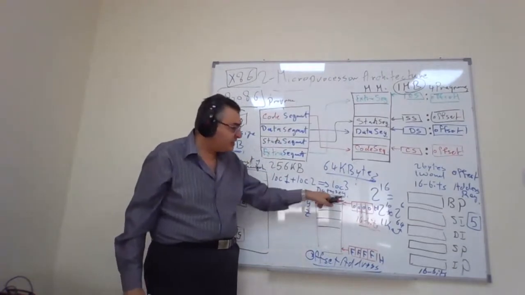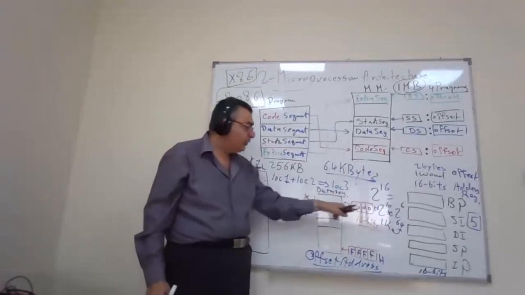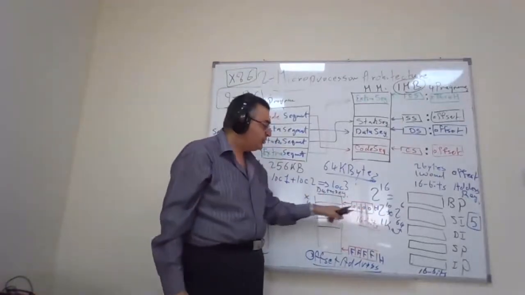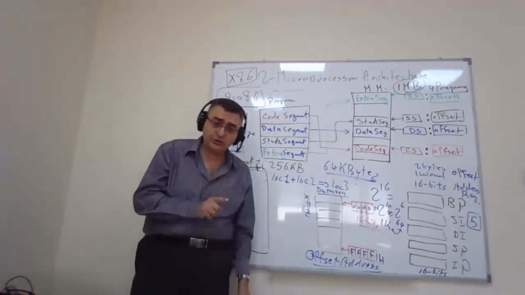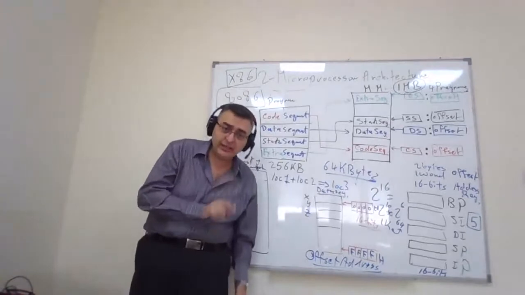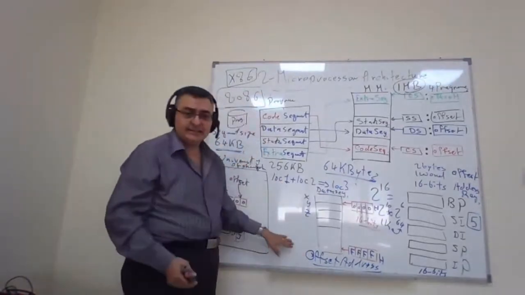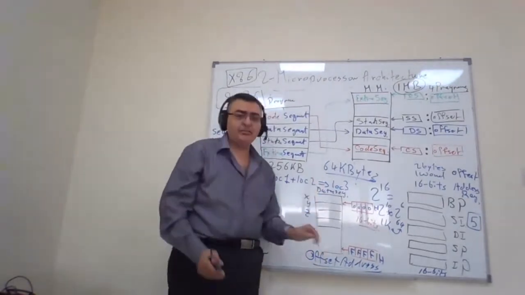So x will take the first byte of the segment with address 0000, and y will go to 1000, and z will get to 2000 and so on. So while you are developing your code, you have access only to the offset address, the address within the segment.